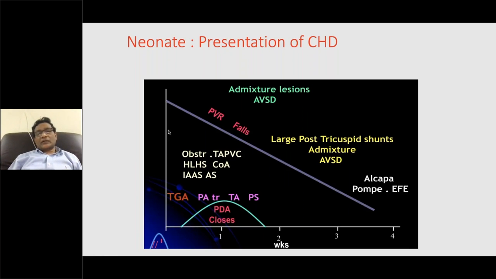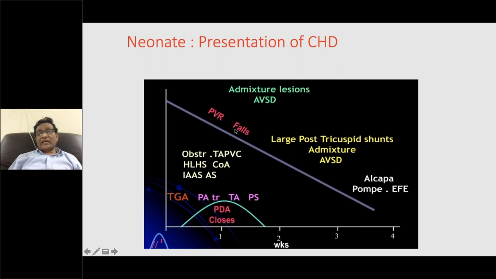That's why the closure of the ductus arteriosus is not as early as in hypoplastic left heart syndrome or interrupted aortic arch. They present beyond the first week or after a few days.